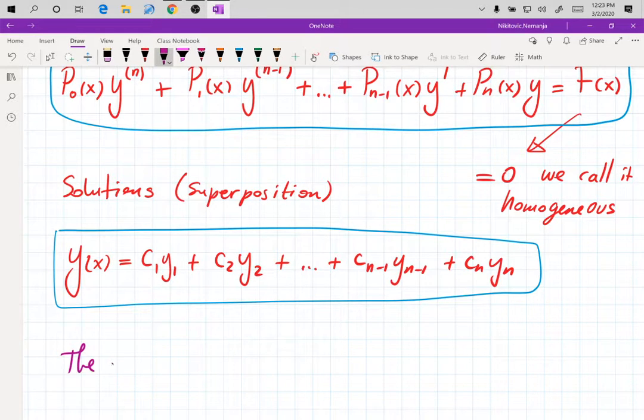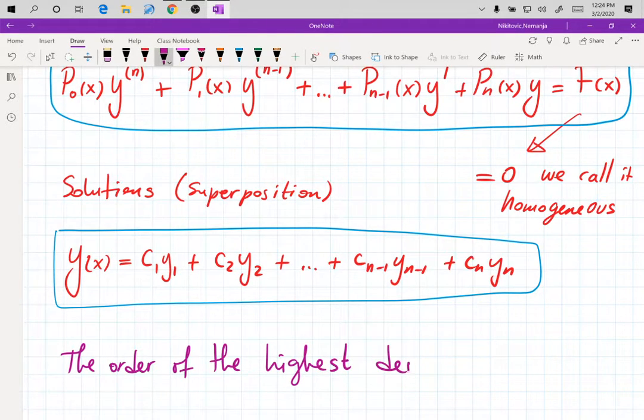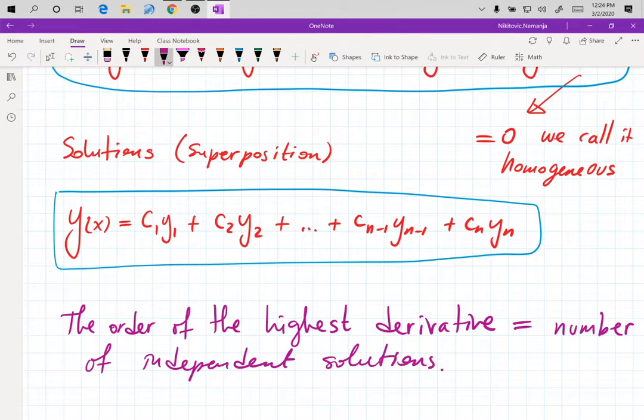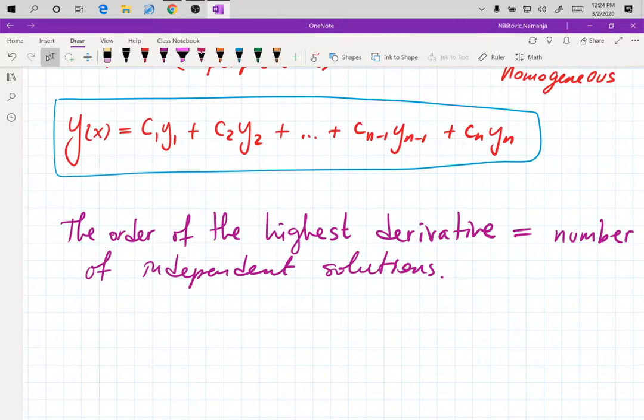So the order of the highest derivative equals the number of independent solutions. So that's what we have to understand there.